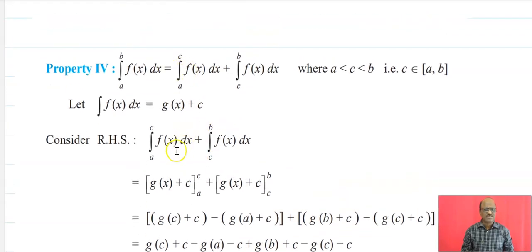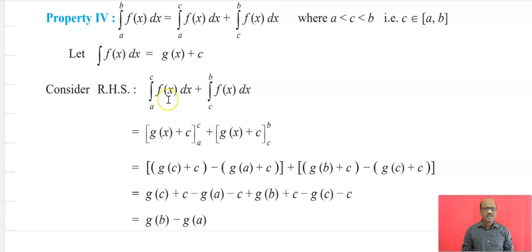Now consider the RHS. That is integral a to c f of x dx plus integral c to b f of x dx. Now we have defined that the integral of f of x dx is equal to g of x plus c. Lower limit is a, upper limit is c, plus g of x plus c for the second integration, lower limit is c, upper limit is b.